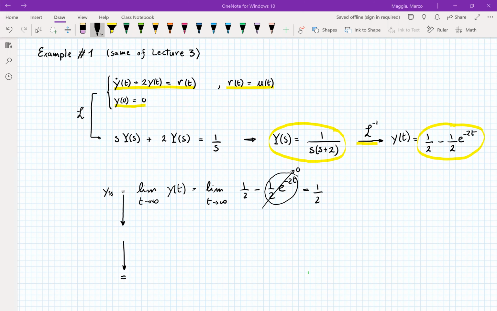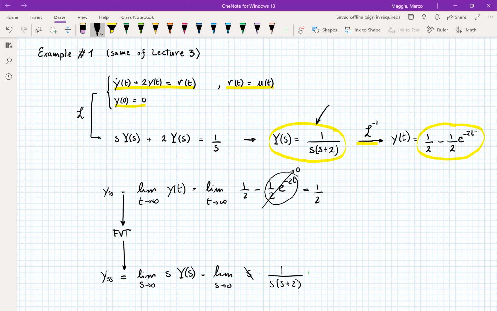Let's now apply the final value theorem, and let's try to compute the same value in the S domain. That is, we'll take the limit for s that goes to 0 of s times the function in the s domain. So we have the limit for s that goes to 0 of s times, so we need to look at this, 1 over s times s plus 2.